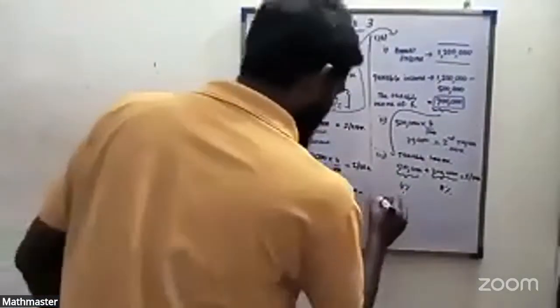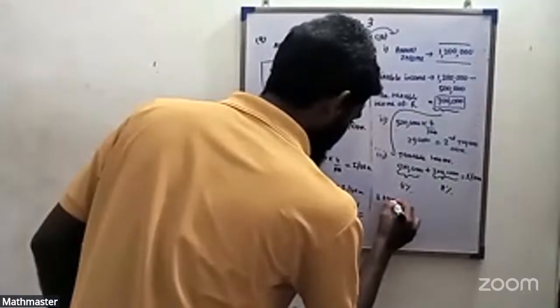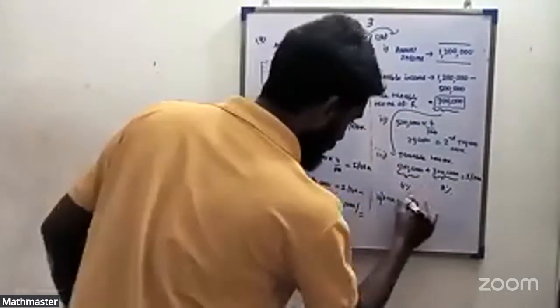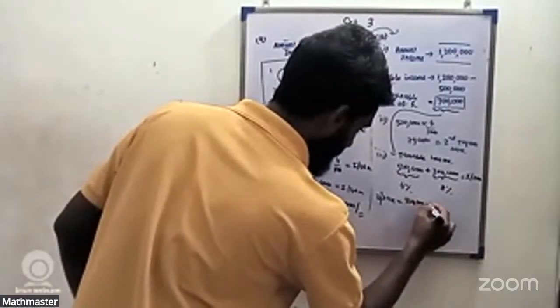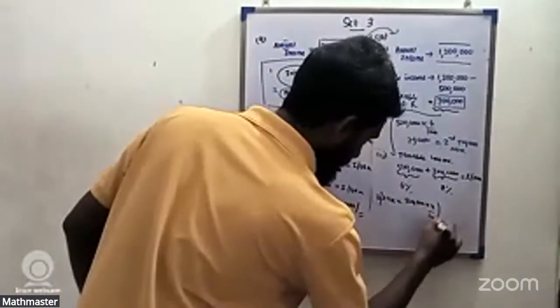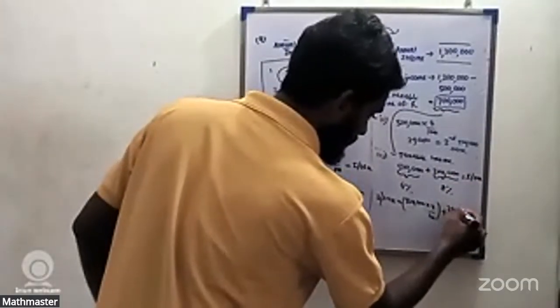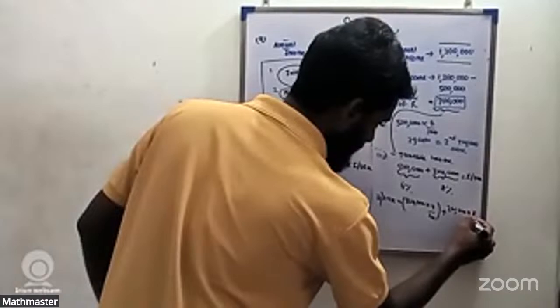Right. Income tax equals, let's see, income tax equals this 500,000 times 4%, 500,000 into 4% plus this 200,000 into 8%.